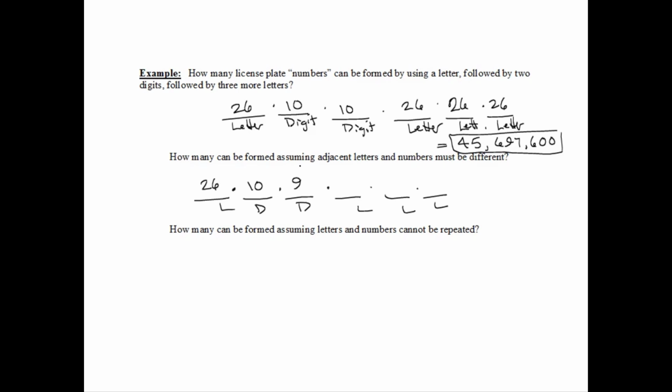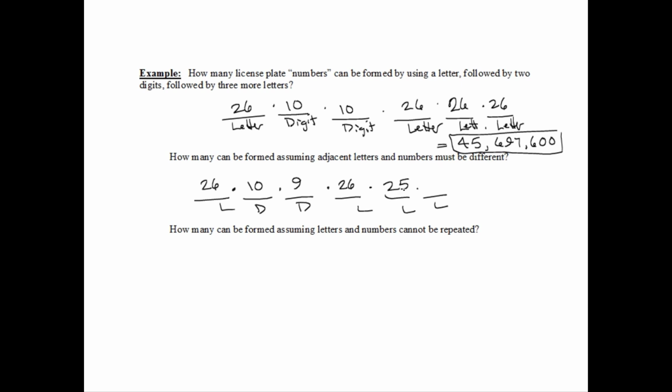Now we move to the letters. Once again, adjacent letters must be different. So there's 26 possibilities for the first. Then for the second, there are only 25 because whatever was just chosen cannot be chosen again, because then we would have two adjacent that were the same. Now what about the last slot?